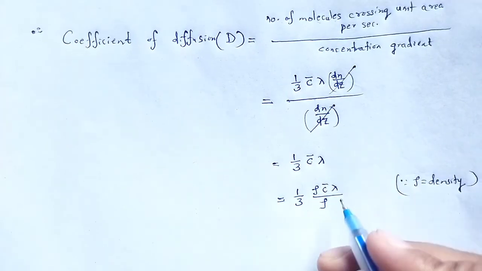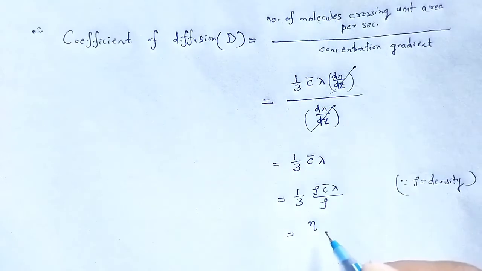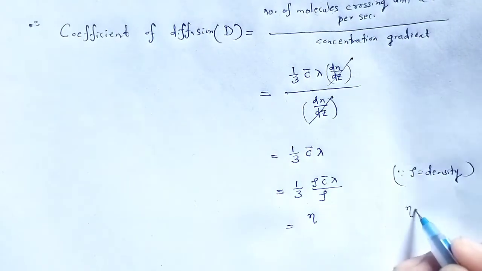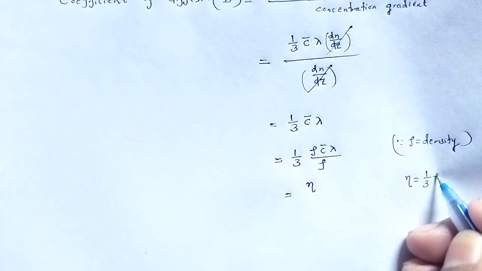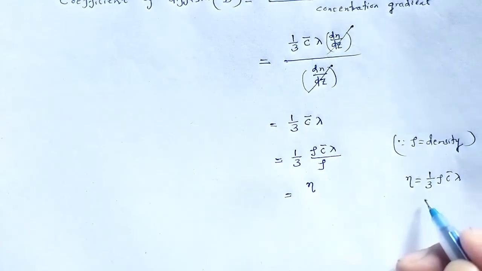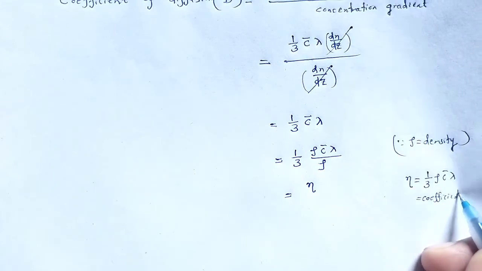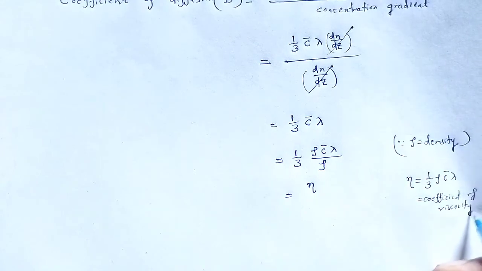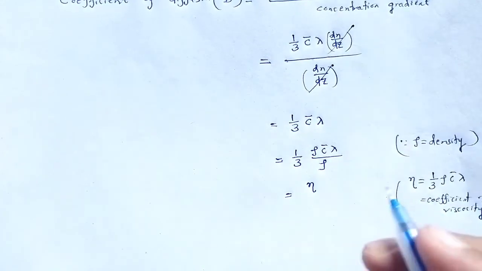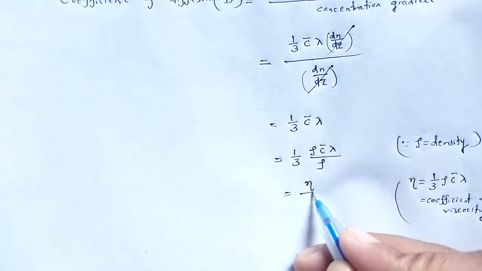1/3 rho c bar lambda is equal to eta, the coefficient of viscosity. So eta is equal to 1/3 rho c bar lambda, which is the coefficient of viscosity.